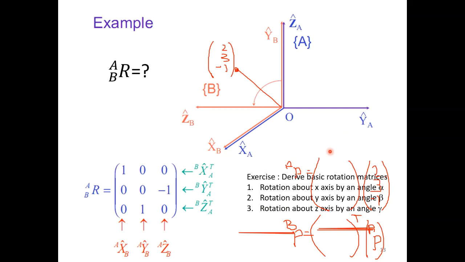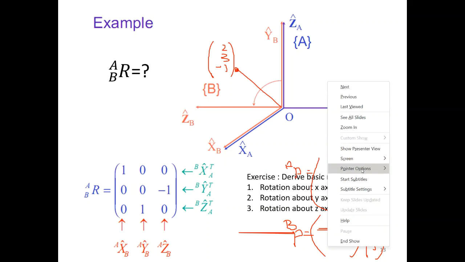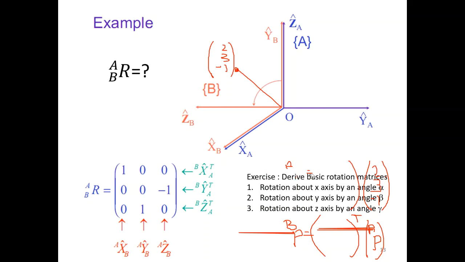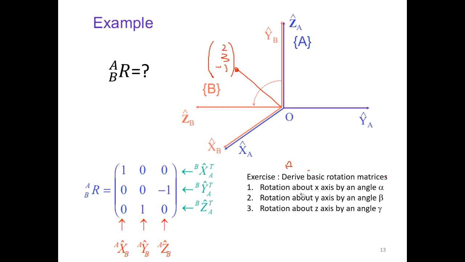So now I'm going to give you this little exercise as a homework. The rotation matrices we have computed, we studied using the cross product and dot product between the two major axes at a time, right?